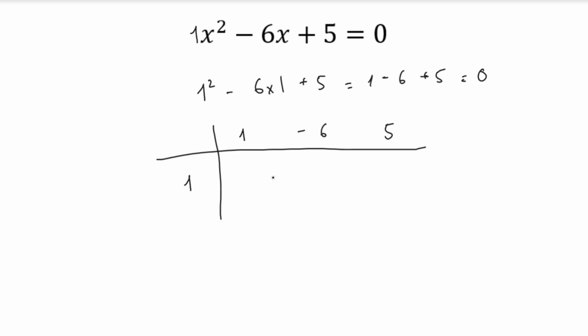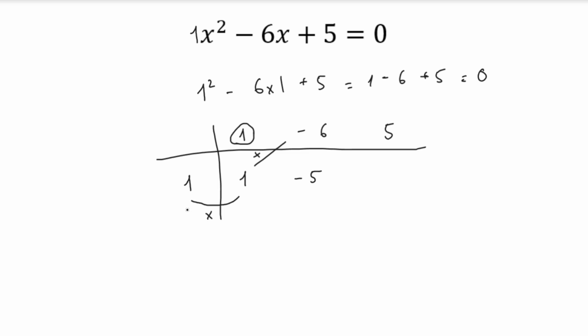The first coefficient is 1, so I just put it down. Rewrite the number 1. And for the next one, I multiply and add. So 1 multiply 1 is 1, and plus -6 is -5.